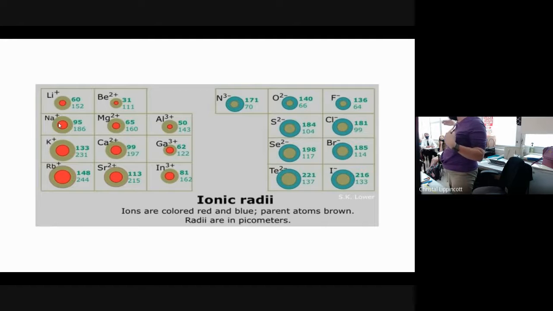So how many electrons does it have? 10. So it's going to pull that in tighter than it would have normally. But it has 10 electrons. Now I'm going to be neon. Neon has 10 protons and 10 electrons, it's going to be like right here.